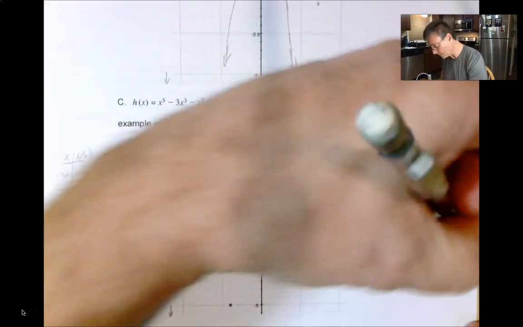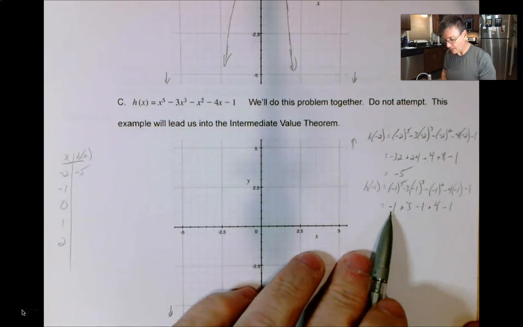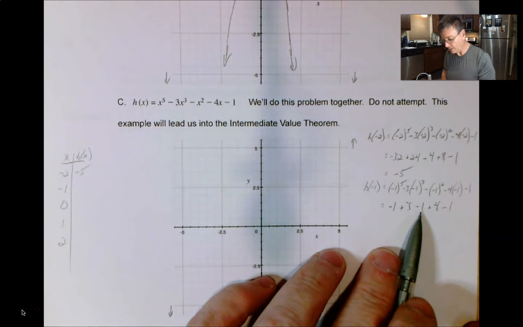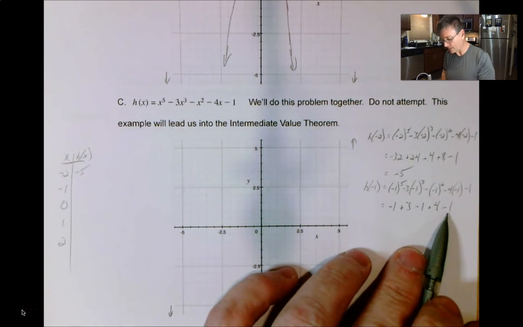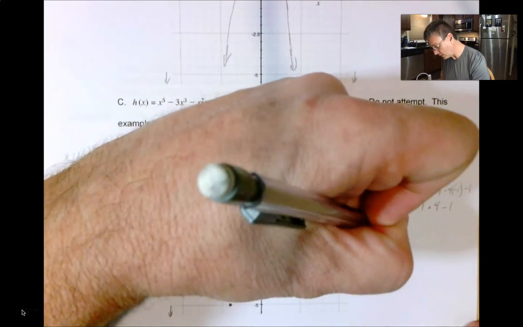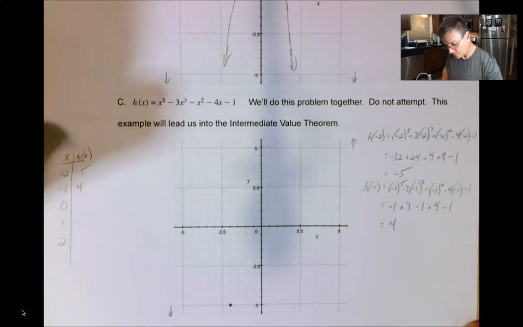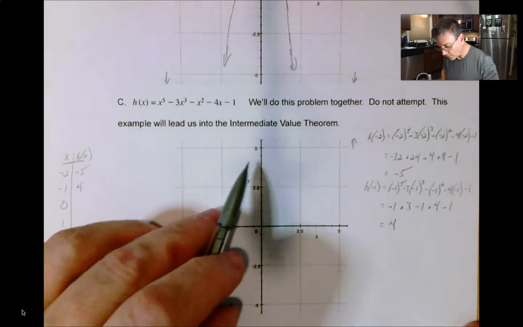Positive 4 minus 1. -1 plus 3 is 2. Minus 1 is 1. Plus 4 is 5. Minus 1 is 4. So I have -1, comma 4.